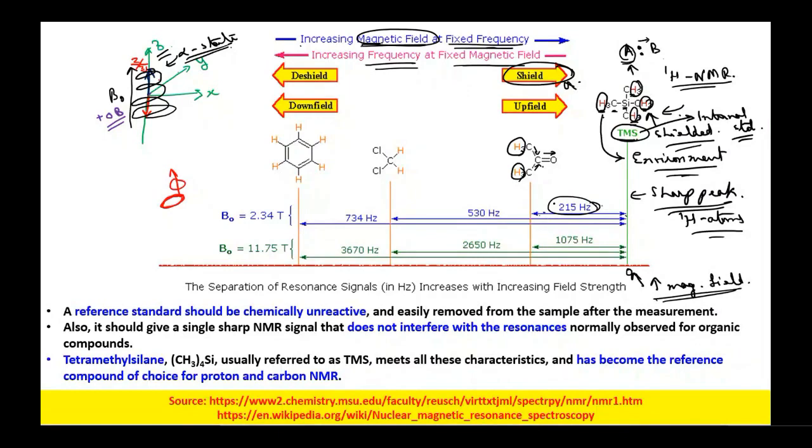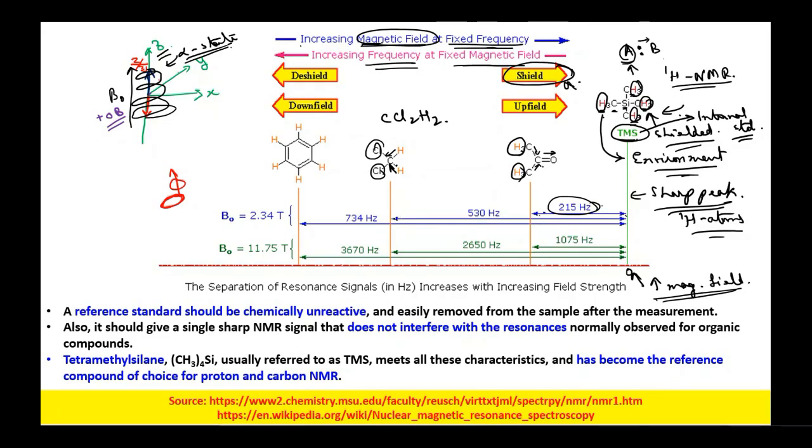Okay, now in the case of CCl2H2, the electron withdrawing groups are directly connected with the carbon atoms. So the electron cloud from the hydrogen atoms will be markedly pulled by this carbon atom, and hence this becomes more de-shielded, and hence there is a larger shift.